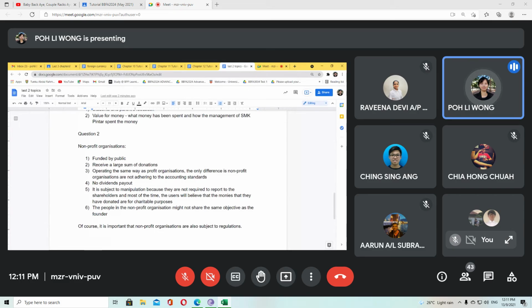Too many money laundering cases that are involved. That's why, of course, it is important that non-profit organizations are also subject to regulations. At least it boosts the confidence of the users of the financial statements. Okay. So basically that was it.